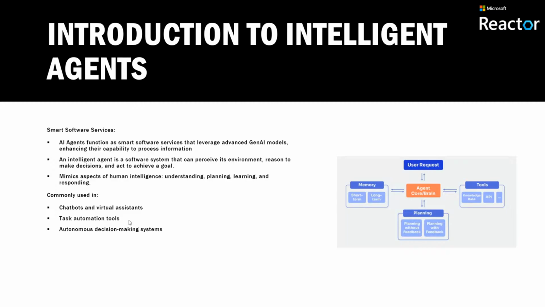To distinguish it from traditional automation, we can say it can take decisions on its own and adapt to the context that we give. These kinds of things are there inside the intelligent agent.